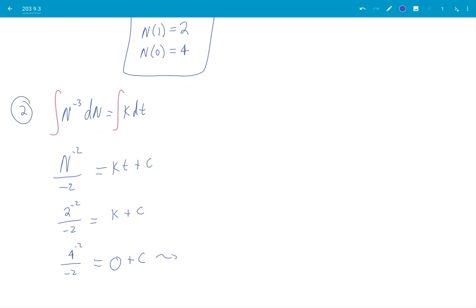So from here I get negative 1 over 32 is c. And then from this one, I get negative 1 over 8 is equal to k plus c.